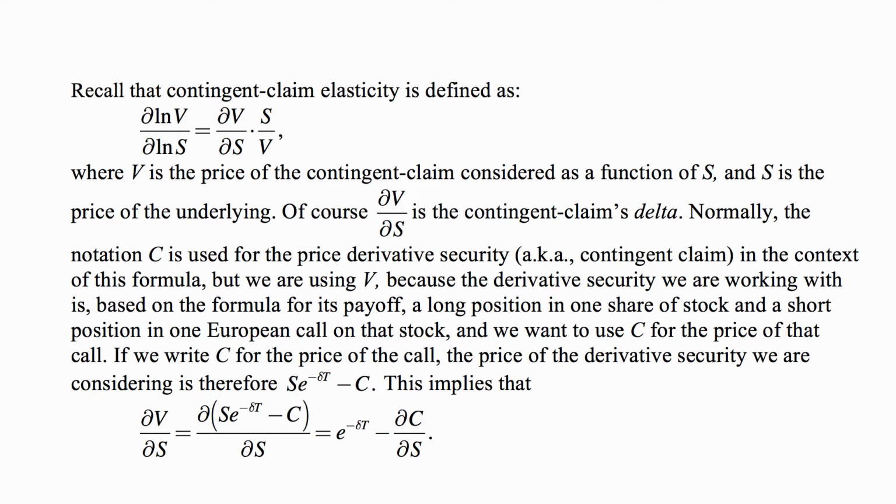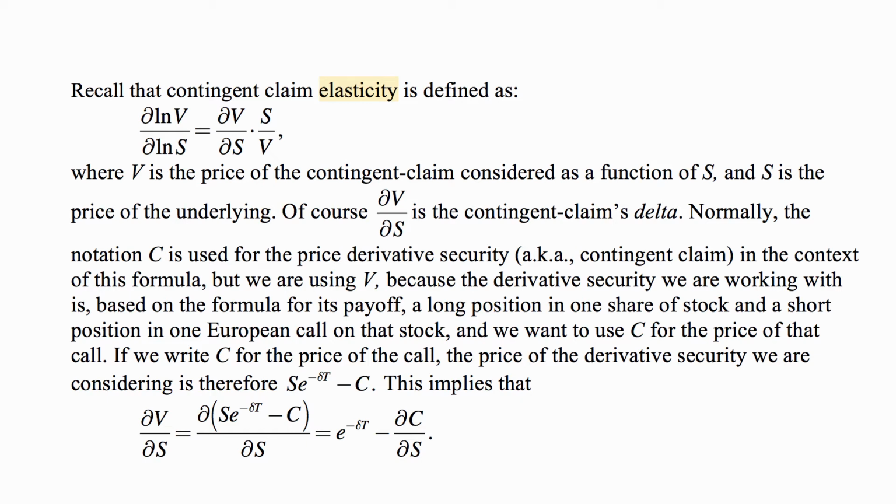And the question is about elasticity. Okay, what is elasticity? Well, you need to remember that. That's one way to remember that it's delta of that security times the price of the underlying divided by the price of the derivative security.